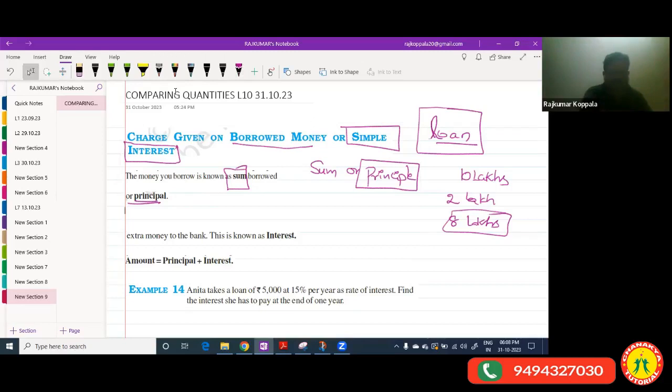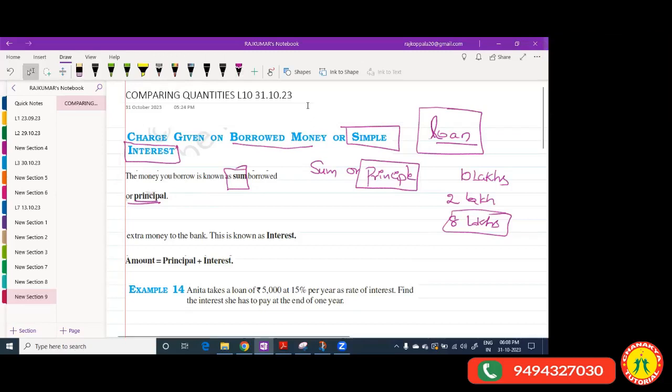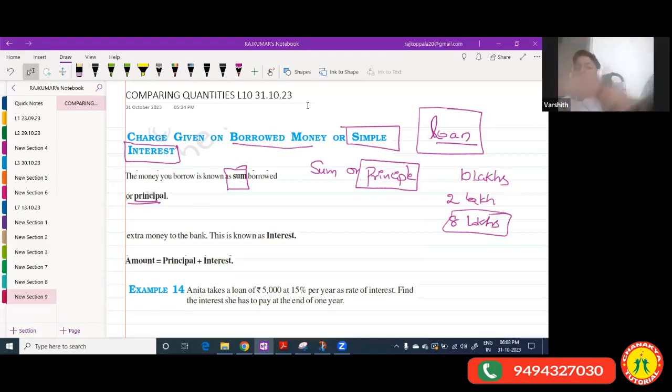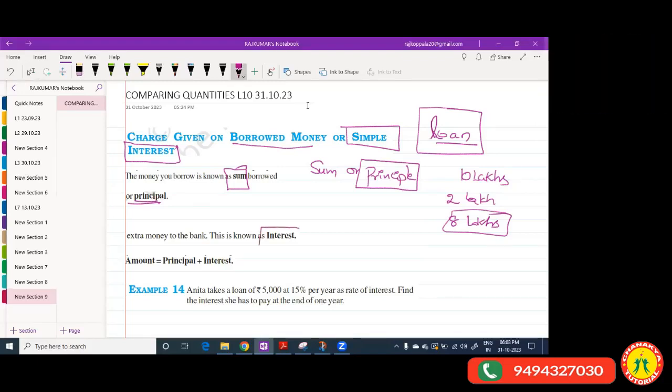Yes, that extra money along with the principal amount, whatever amount we have taken from the bank, we have to pay some interest amount. So that amount is called interest.